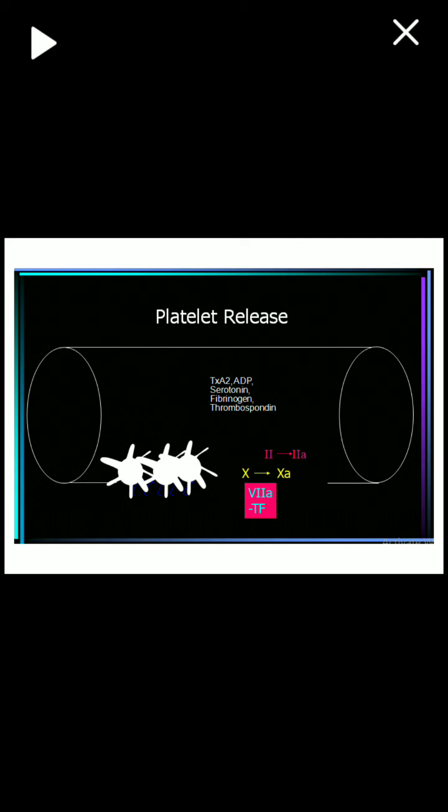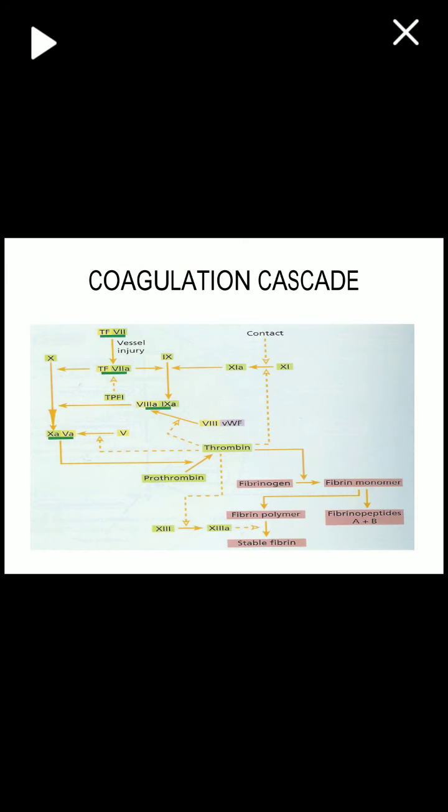The platelets release some mediators like thromboxane A2, ADP, serotonin, fibrinogen and thrombospondin, which will ultimately form the clot. So the final product is called platelet plug formation, or the clot formation, to stop the bleeding.